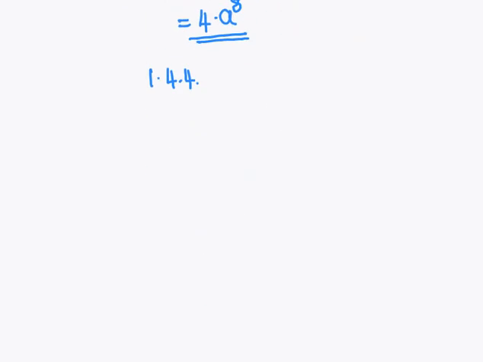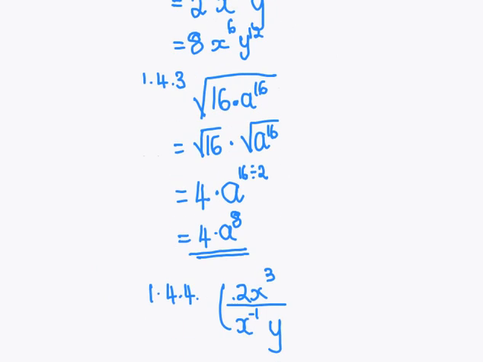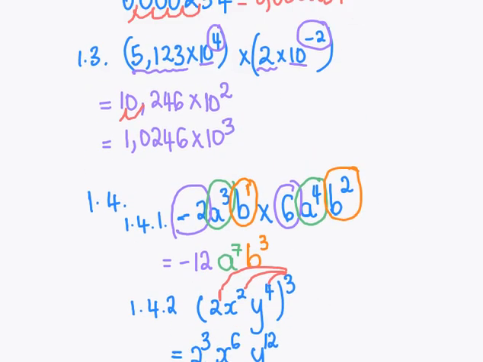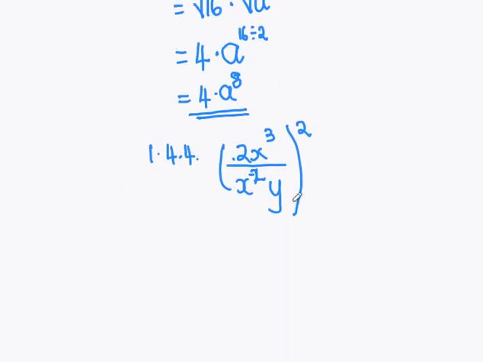It is 2x to the power 3 minus x to the negative 1 y, and y to the negative 2 here, y to the power 2, so that will be squared.